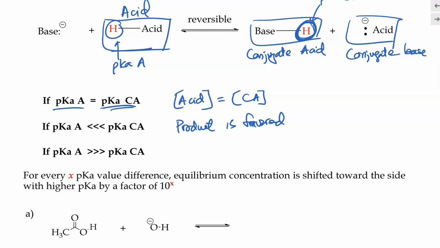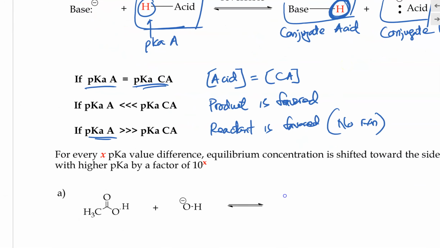And oppositely, if the pKa of the acid is much higher than the pKa of the conjugate acid, this is when the reactant side will be favored. That basically means there will be no reaction. We do not proceed to the product side.